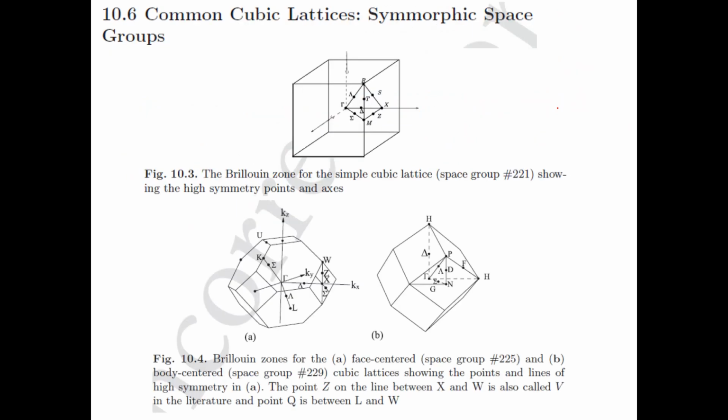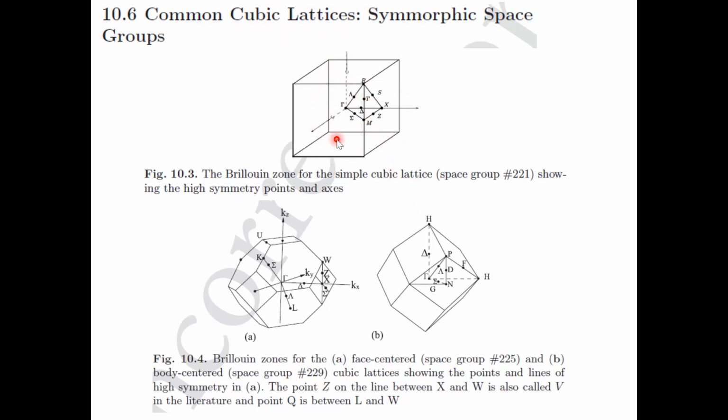Okay, so let's see some examples and analyze in more detail some symmorphic space groups, and we're going to discuss in this context the very important case of cubic lattices. There are three types of cubic Bravais lattices.